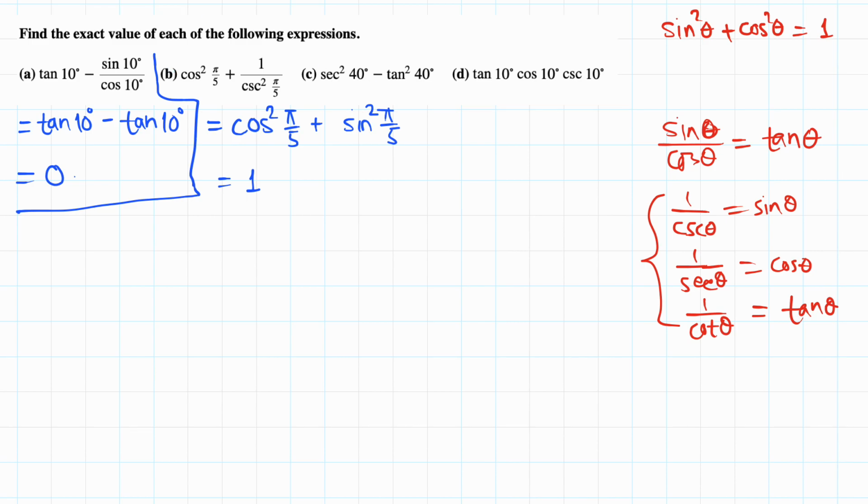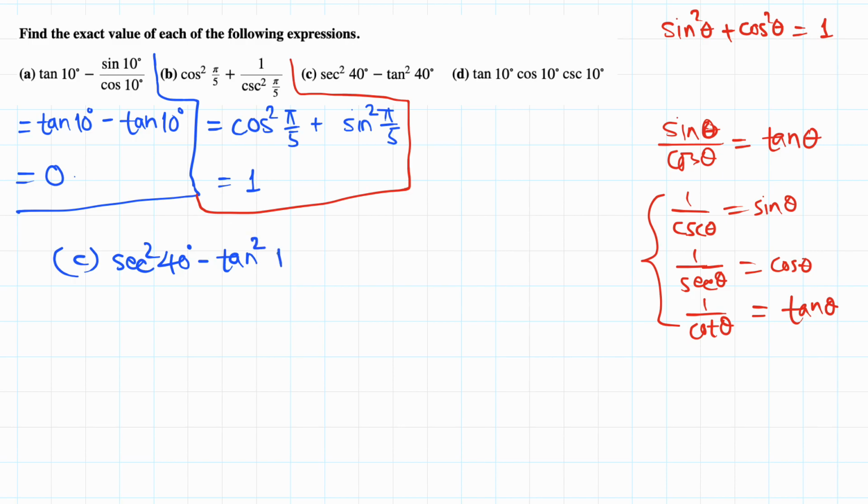Okay, so let me separate part B here. Let me copy part C over here. I have in part C secant squared 40 degrees minus tangent squared 40 degrees. Note that 40 is not a standard angle, so we need to use some identity.